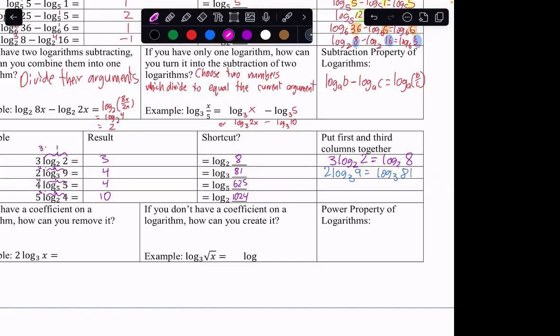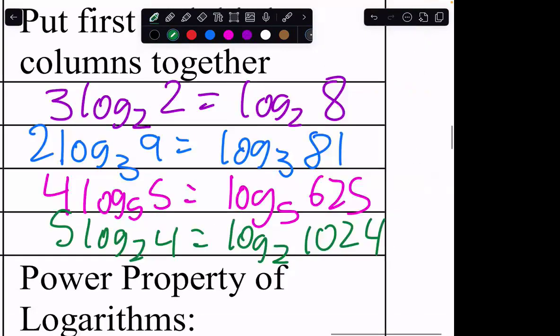Okay, so I'm putting the first and the third columns together again. Okay, so we've discovered that these things are equal. And as before, we want to try and find the shortcut, the relationship between the left side and the right side.